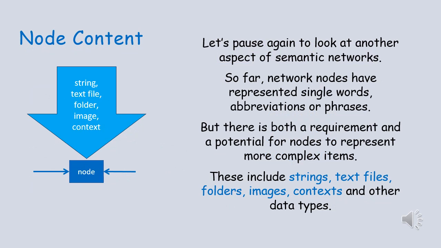Let's pause again to look at another aspect of semantic networks. So far, network nodes have represented single words, abbreviations or phrases. But there is both a requirement and a potential for nodes to represent more complex items. These include strings, text files, folders, images, contexts, and other data types.